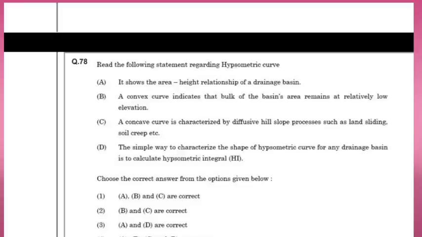D: a simplified way to characterize the shape of the hypsometric curve for any drainage basin is to calculate the hypsometric integral. A and D are correct, option 3 is the right answer.